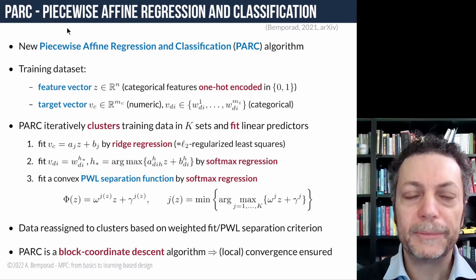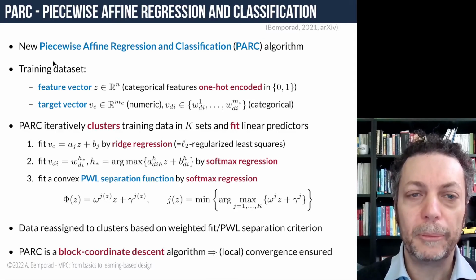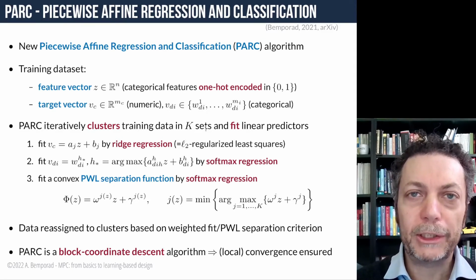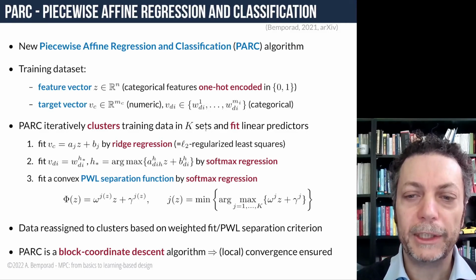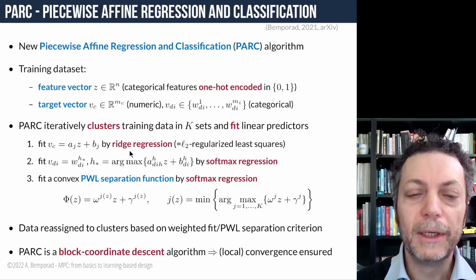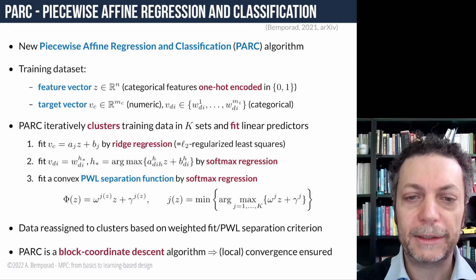Now, what the algorithm, which is called PARC for piecewise affine regression and classification, does is a combination of clustering and solving ridge regression for fitting numeric outputs and softmax regression for fitting categorical outputs. So it starts with, say you have clustered the data in subsets.